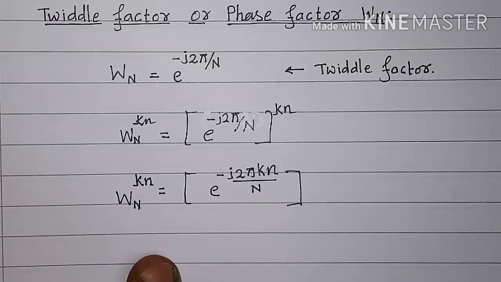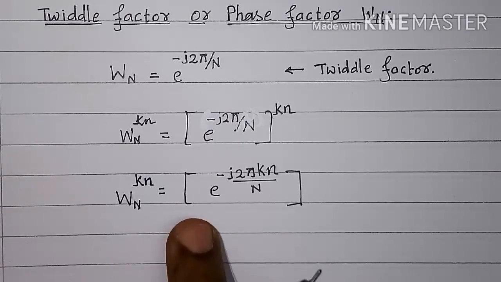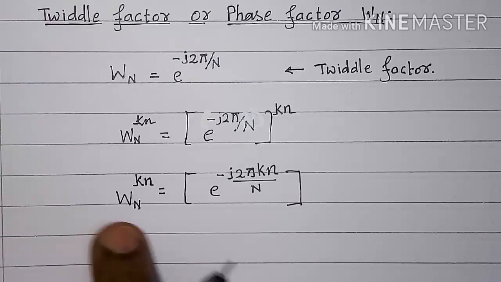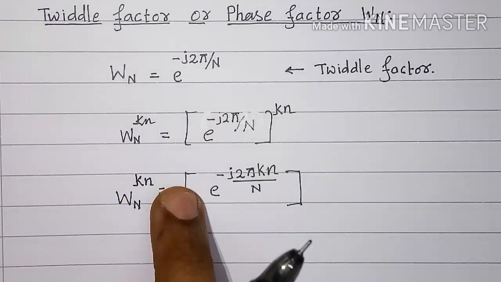So in computation of DFT, in place of e raised to minus j 2 pi kn upon capital N, we can make use of Wn to the power kn.